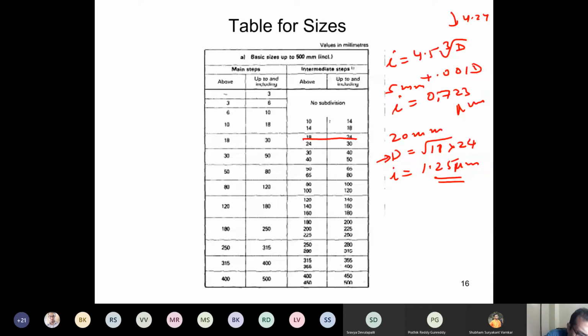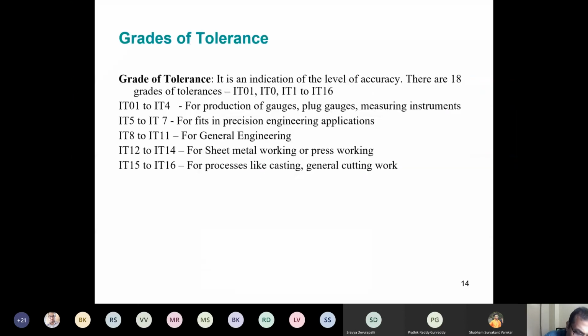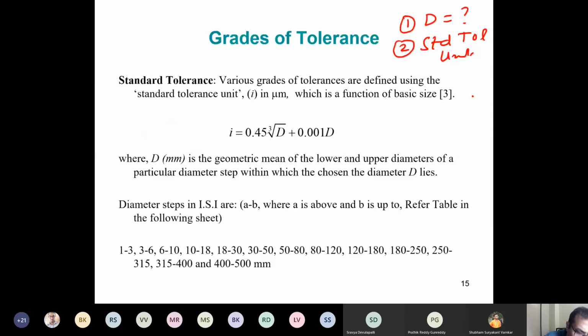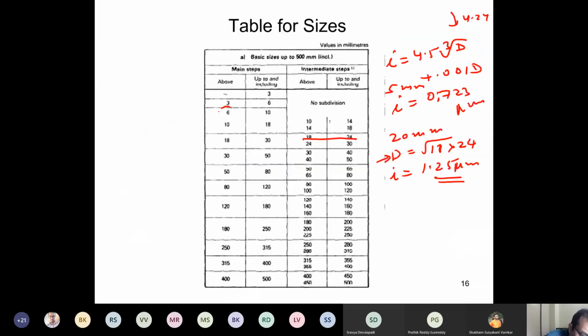So 6 mm lies into 3 and 6. Sorry, my mistake. This is up to and including, right? So it should lie between 3 and 6, because 3 and 6 is up to and including. So 6 is included here and from 7 to 10 will be in the other one. Right.